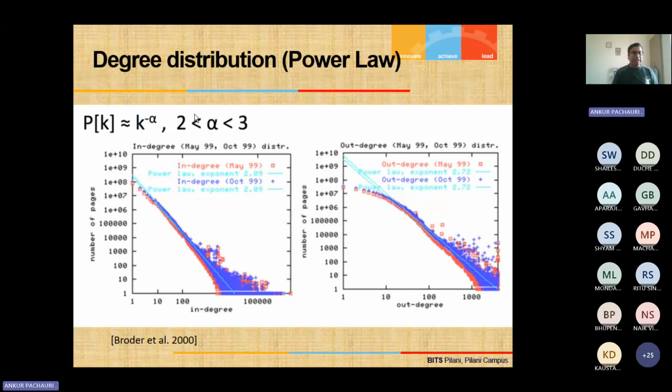If the power law is not there, then definitely you have done something wrong while converting that problem into a graph problem. So if it is there, my conversion of the problem into a graph problem is correct.